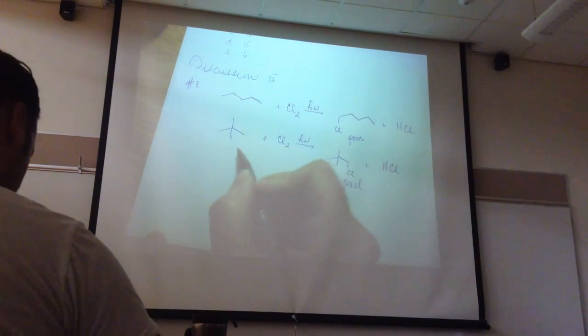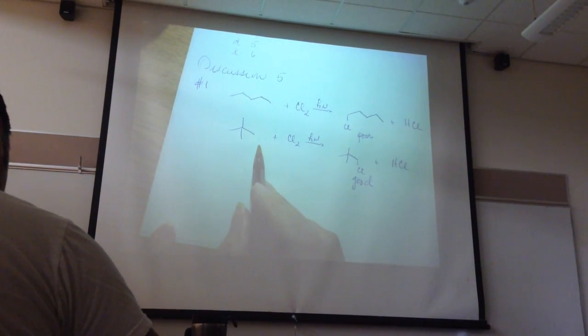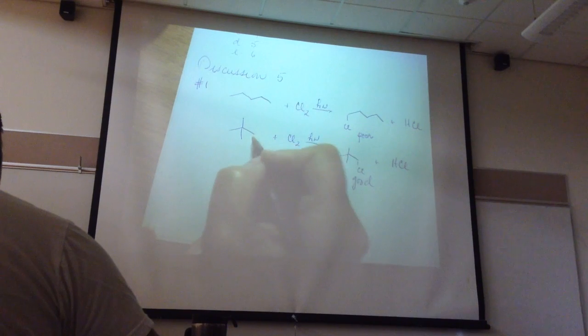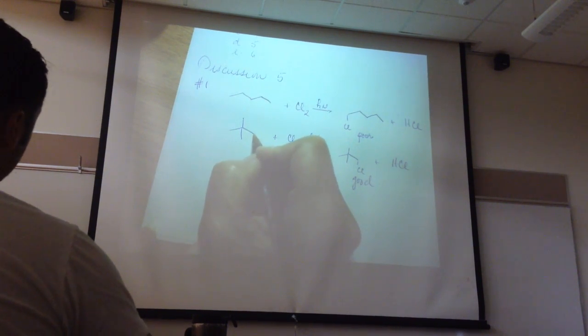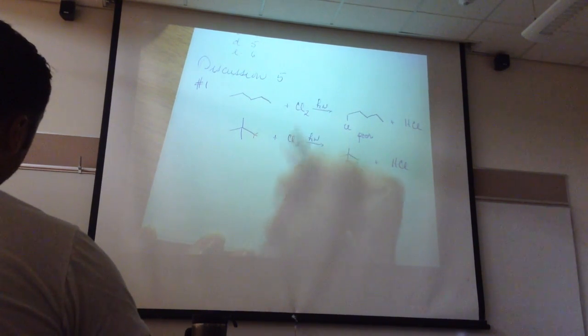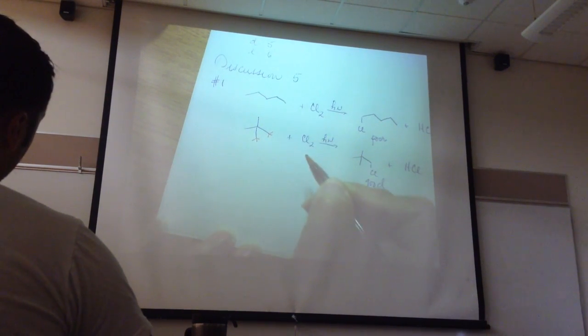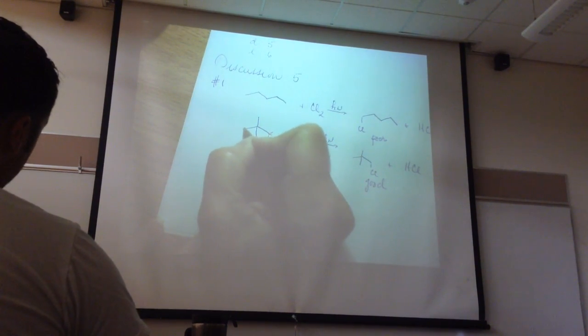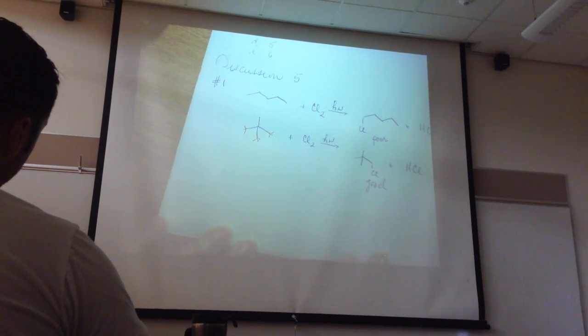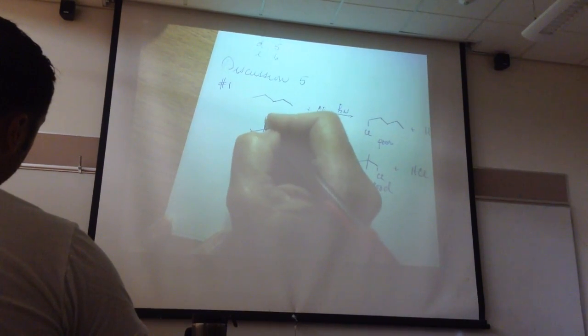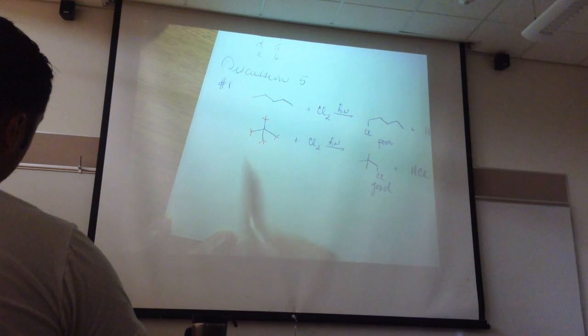If you look at neopentane, there are 1, 2, 3 hydrogens on there, 1, 2, 3 hydrogens on there, 1, 2, 3 hydrogens on here, and 1, 2, 3 hydrogens on there.